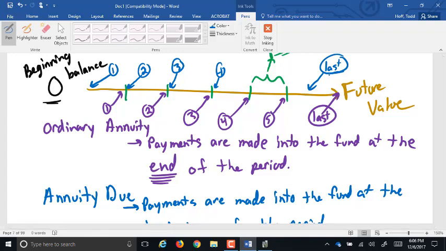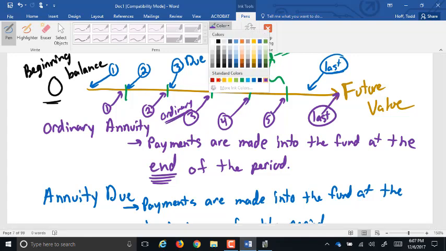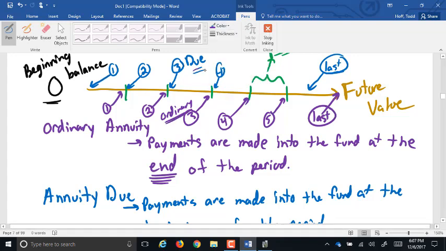Now I want you to think for a second. Don't answer out loud, but think. Which one is going to draw more interest? The annuity due or the ordinary? What do you think? In the annuity due, let's say that there is only 6 periods in this.